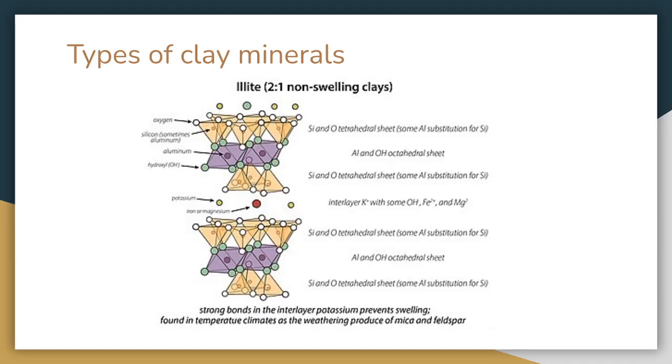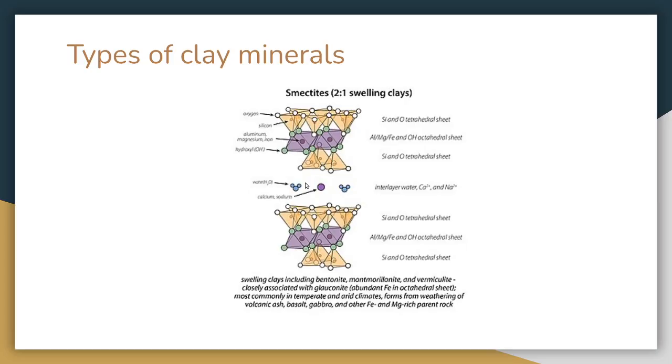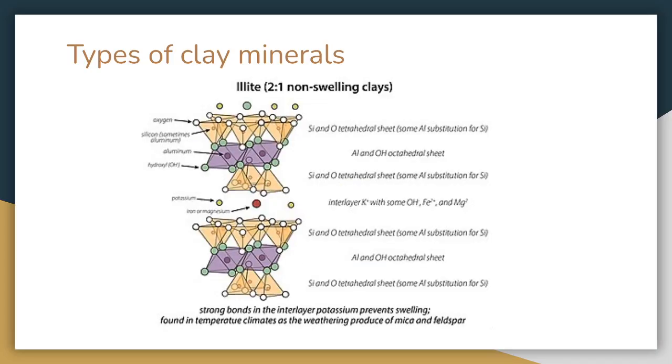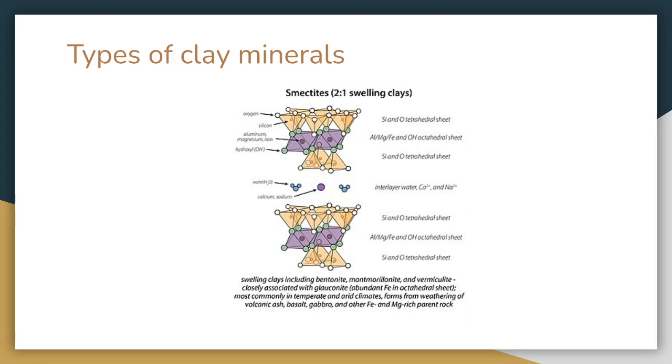So, going back, going now through this, we have one sheet and two sheets, like a sort of sandwich. Then in this case we use illite as representative of the group.